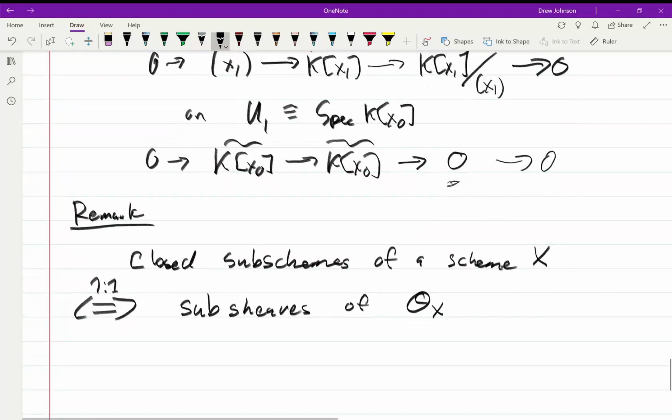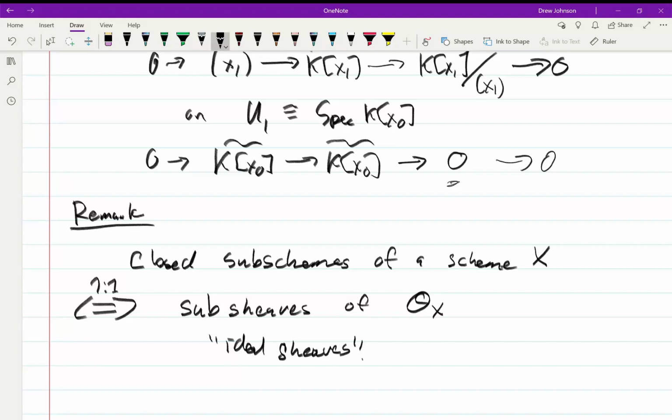And these subsheaves of OX are called ideal sheaves. Why? Because a submodule of R, considered as an R module, is exactly an ideal, right? And so a subsheaf of OX.